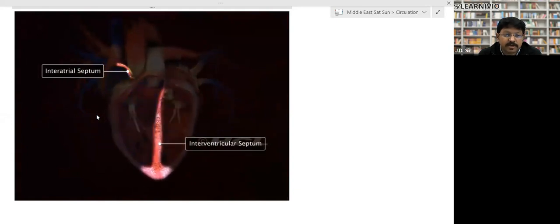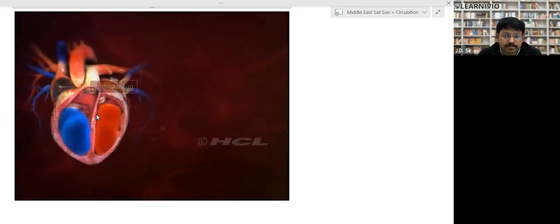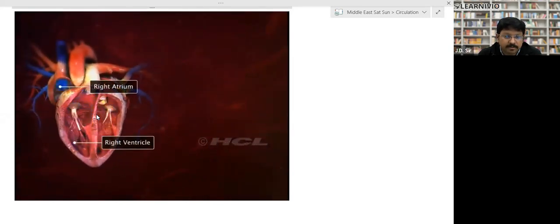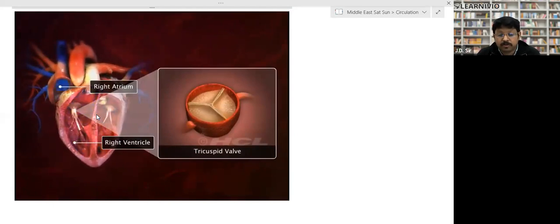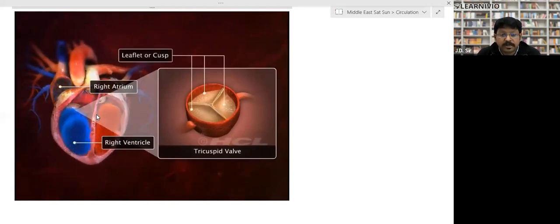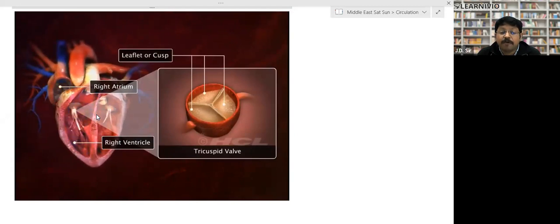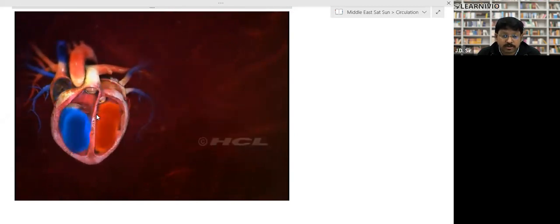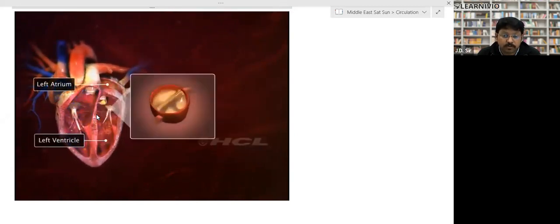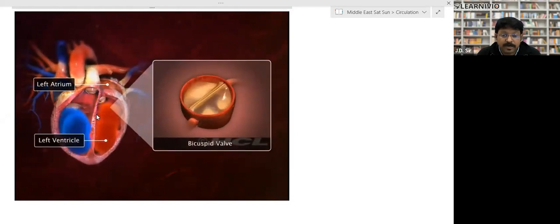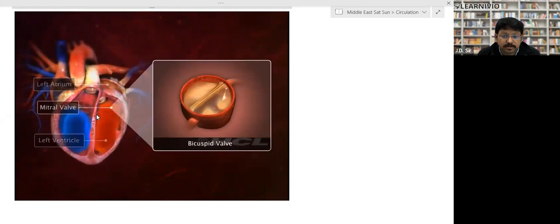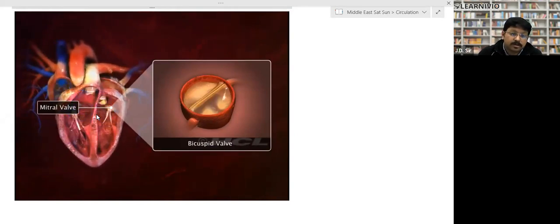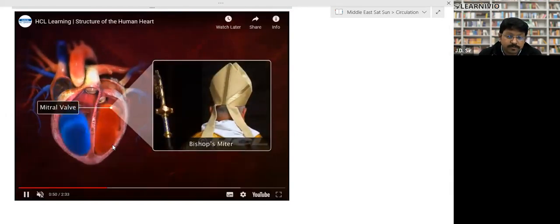The septum divides the two chambers. Between the right atrium and right ventricle are the tricuspid valves. You can see there are three half-moon or cup shaped structures. That's why we call them the tricuspid valve. The left side has the bicuspid valve. It has two half-moon shaped structures. This is also called the mitral valve.